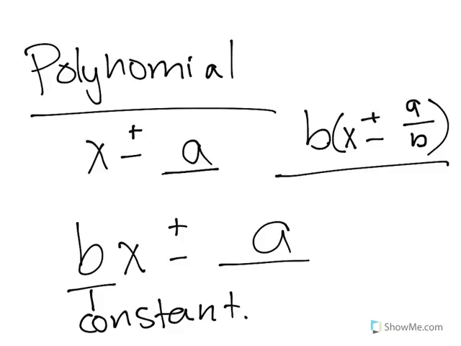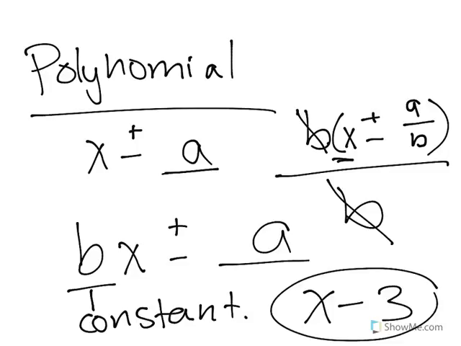Then you divide by b to cancel it out, and you are left with a leading coefficient of 1. So that's a way to get around it, but we will first learn how to do it the simple way, in our case with x minus 3.